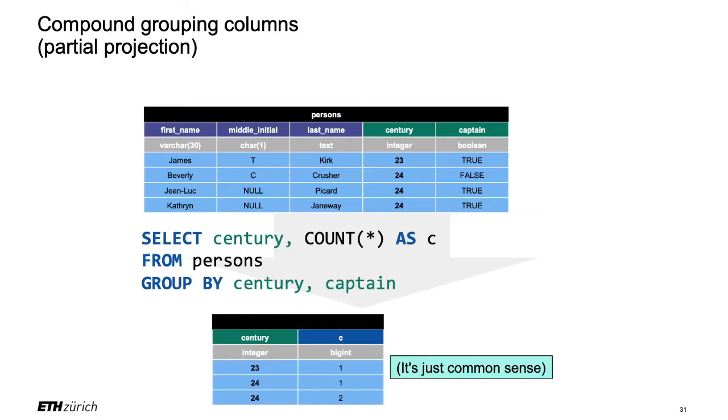Right. Okay. This is actually one more reason why it would be confusing to people, especially if you have the same counts, then you don't know anymore what to do with that. Okay. We'll see, in a few weeks, that you might want to group by century and captain, but also to aggregate as subtotals per century. You might be interested in the subtotals if you sum over the captains within a century.